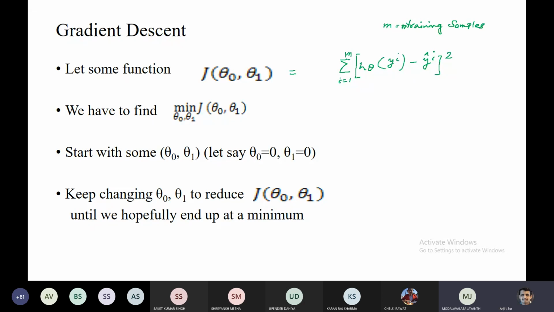Then this normalization comes in. So this is basically your J(θ0, θ1), and this is what we have to minimize. So we're trying to minimize this function over θ0 and θ1.